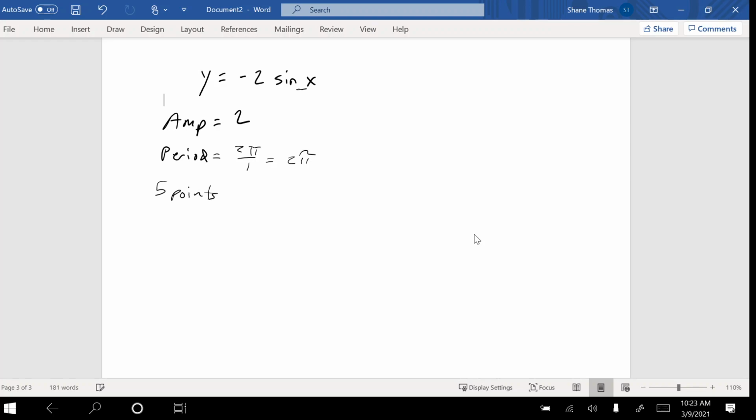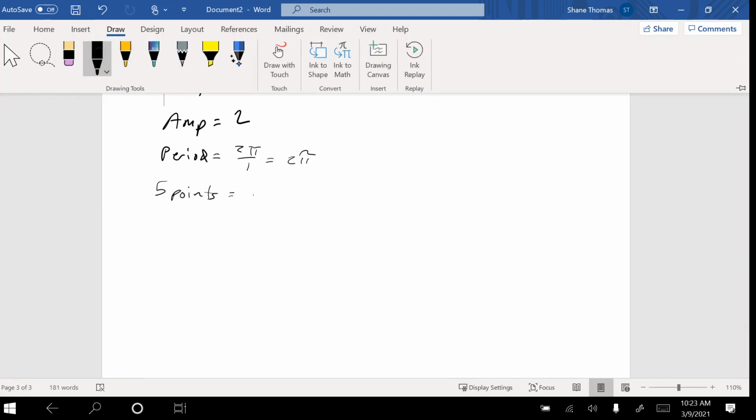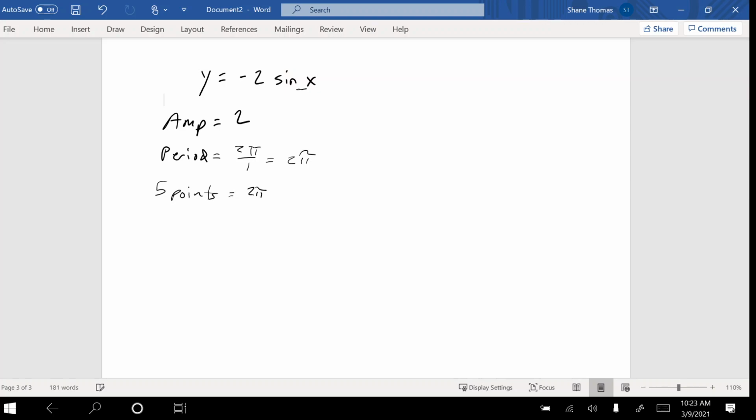Same thing as before, you find the quarter periods. This one here, my quarter period is going to be pi over 2 again, right? I'll write the whole thing out. So I have to take my period, which is 2 pi, divided by 4, which is going to be pi over 2.